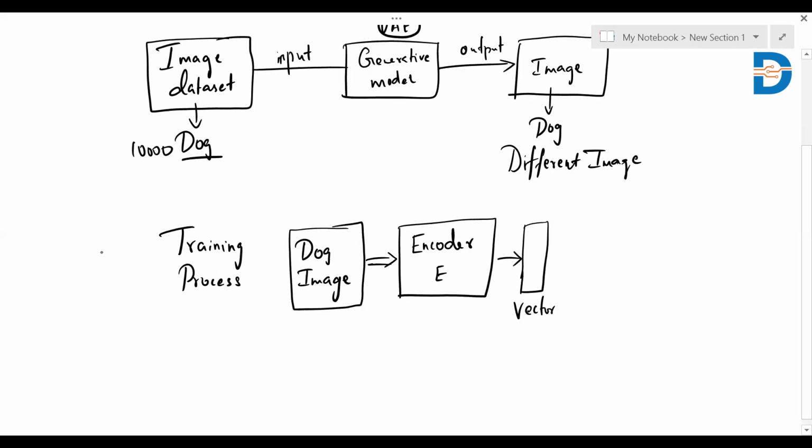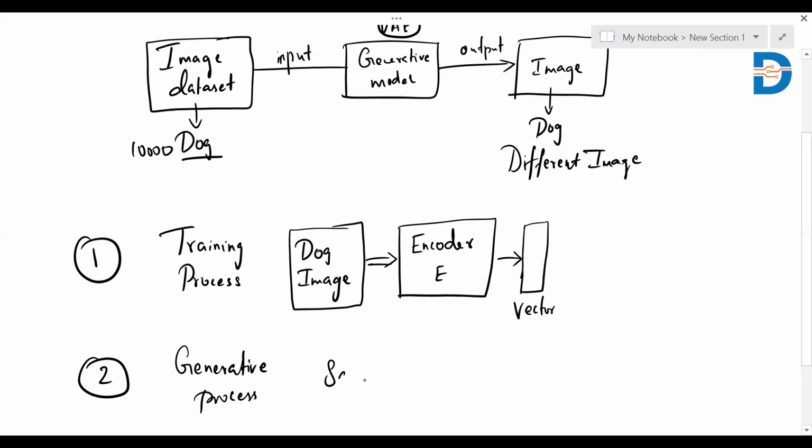What happens after the encoding process is that VAE does a generative process. During the generation process, we have a sampler here.